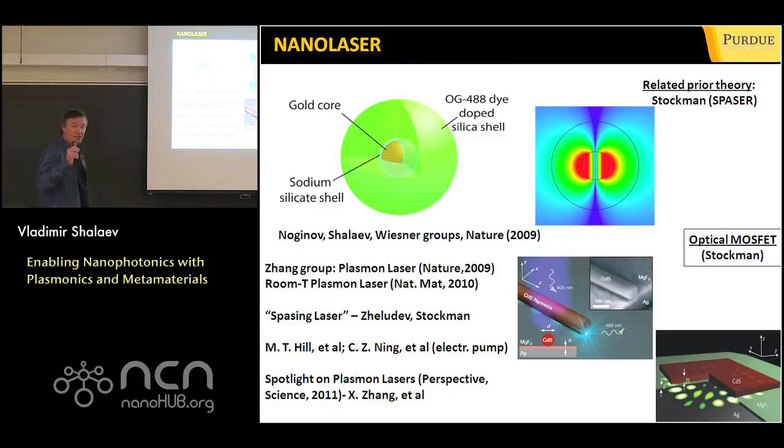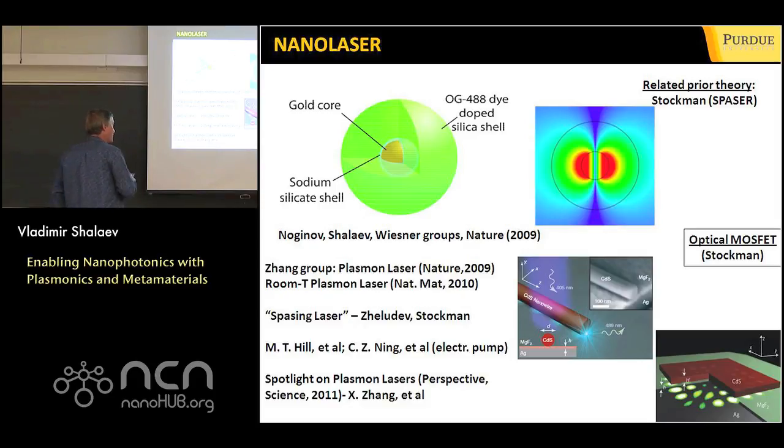One of the key things about these plasmonics is that they could be used for nanoscale lasers. And that's actually a very important ingredient of future nanophotonics circuitry. One could say that arguably one of the greatest devices created by humans is the MOSFET, because this is certainly at the heart of electronics.